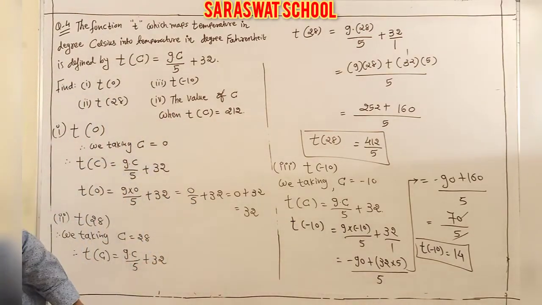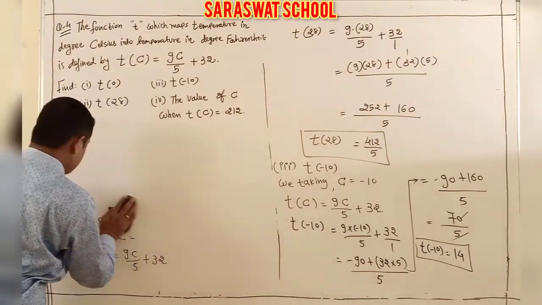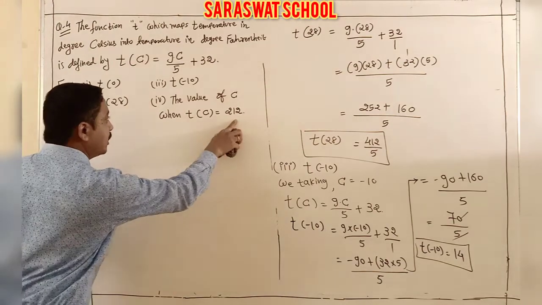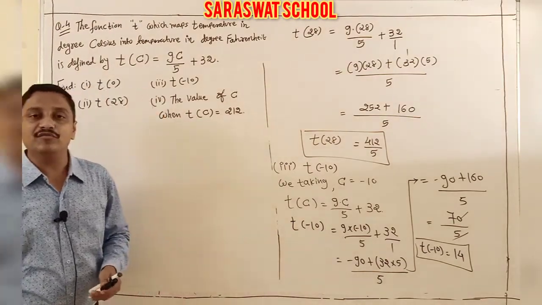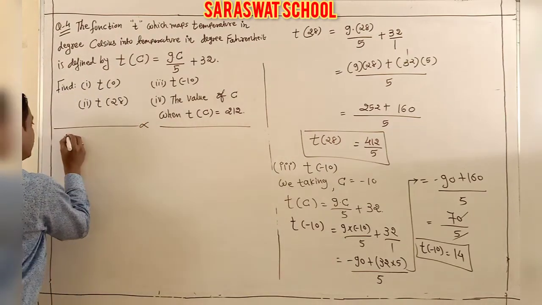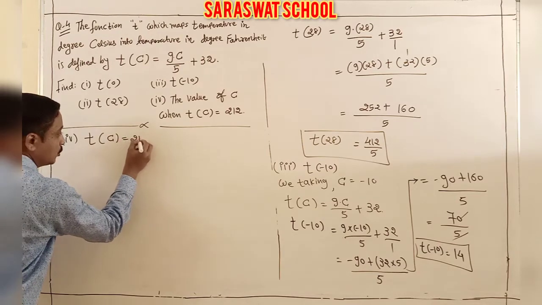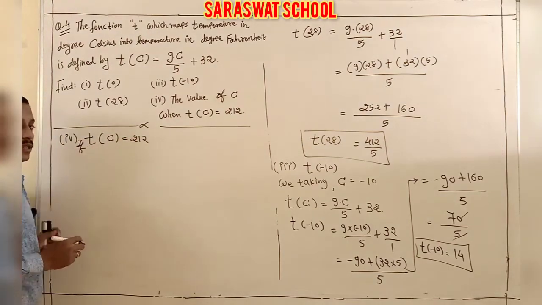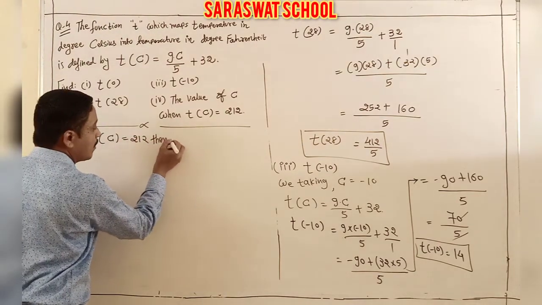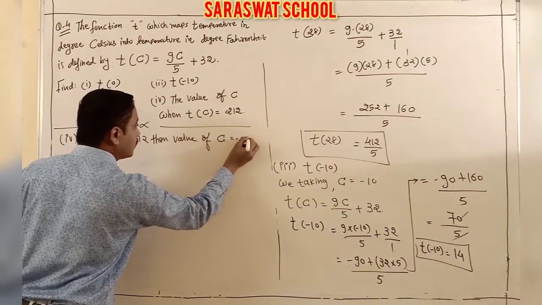Now the fourth one is also the same. T of C is given as 212 and we are asked for the value of C. T of C is 212, then the value of C is my target.